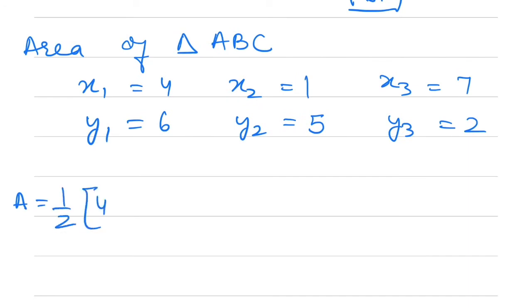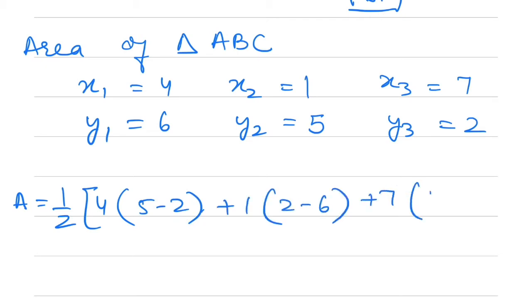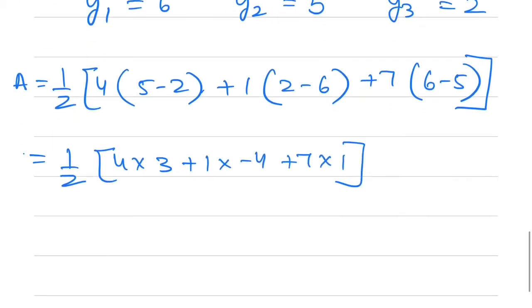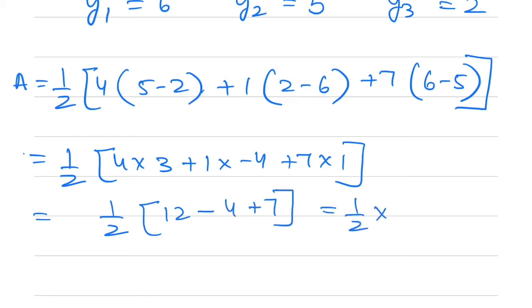Half into [4 into (5 minus 2) plus 1 into (2 minus 6) plus 7 into (6 minus 5)]. Half into [4 into 3 plus 1 into minus 4 plus 7 into 1]. So this is equal to half into (12 minus 4 plus 7). So this is equal to half into 15, so 15 by 2.